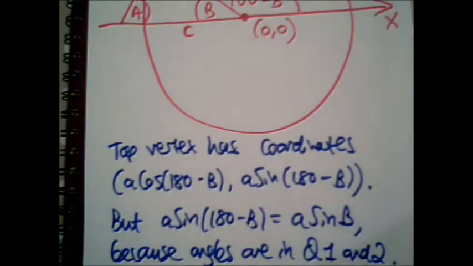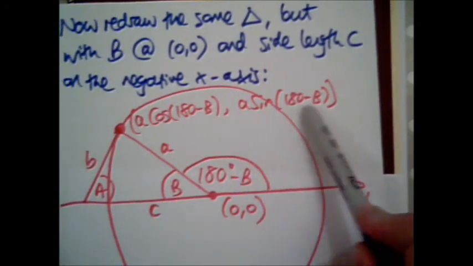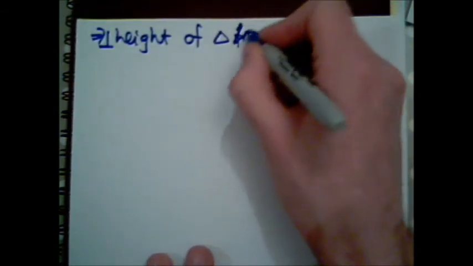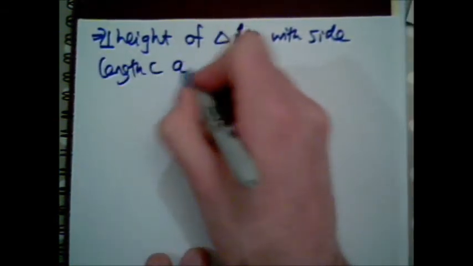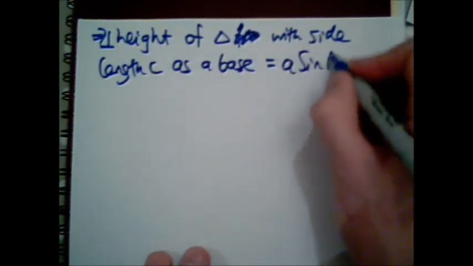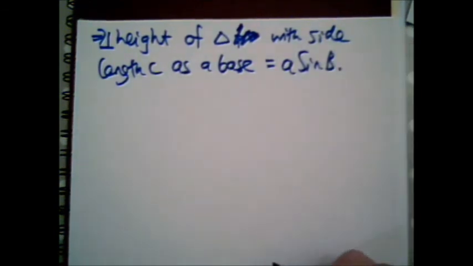So what that means is that the height, which is the y coordinate, is A sine 180 minus B, so that's just A sine B. So therefore the perpendicular height of the triangle with side length C as a base is A sine B. But it's the same triangle, so the two perpendicular heights are the same.